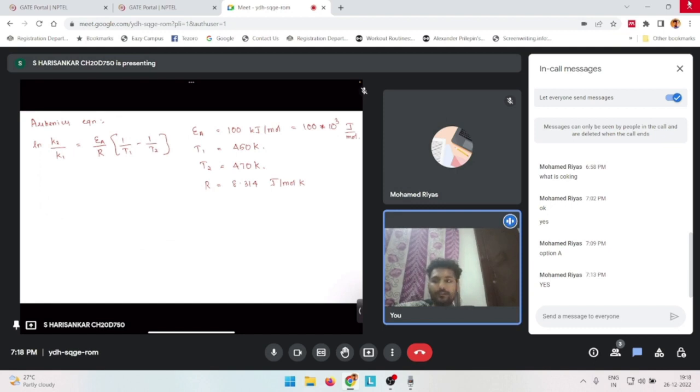So just substituting these values in the Arrhenius equation, we can get ln K2 by K1 is equal to EA, that is 100 into 10 raised to 3 by R 8.314 into 1 by T1 minus 1 by T2, that is 1 by 450 Kelvin minus 1 by 470 Kelvin.